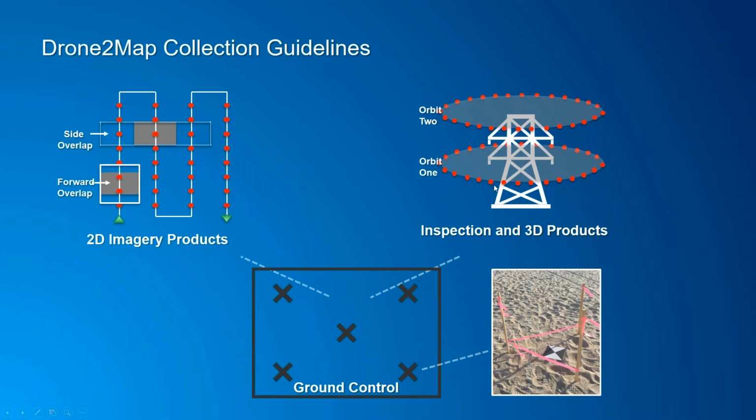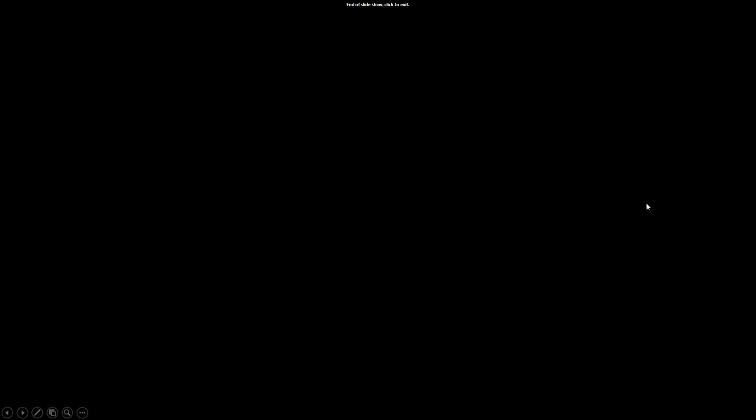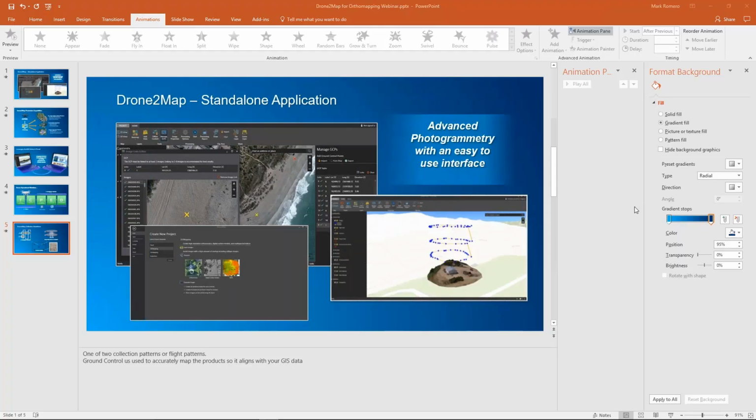The one on the right is a flight pattern that is typically used for capturing 3D content or generating some sort of scene or model over a particular object of interest. Between those two and a combination of using some ground control points, we can get some very accurate 2D and 3D products. Okay, so I'm going to jump into the demo.